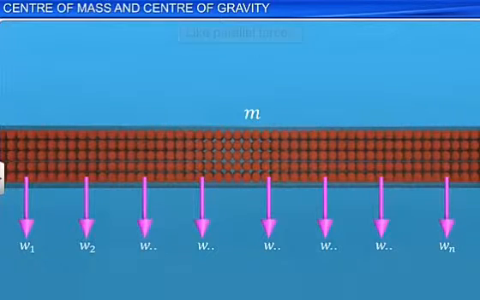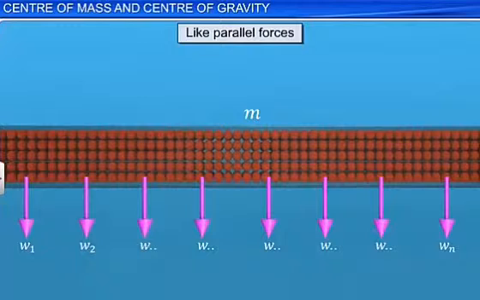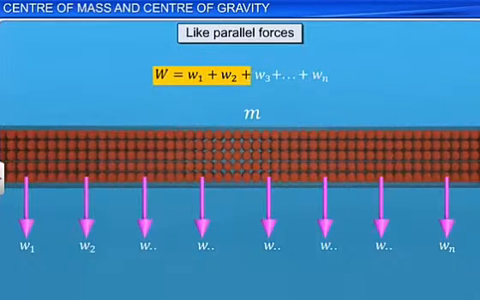Such forces are called like parallel forces. When the weights of all these tiny particles are added, we get the weight of the whole body. Hence, we can write that the weight of the body W is equal to W1 plus W2 plus W3 and so on plus Wn.